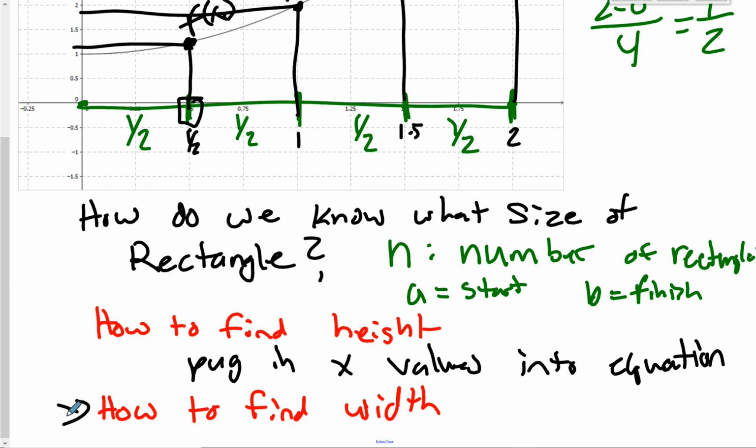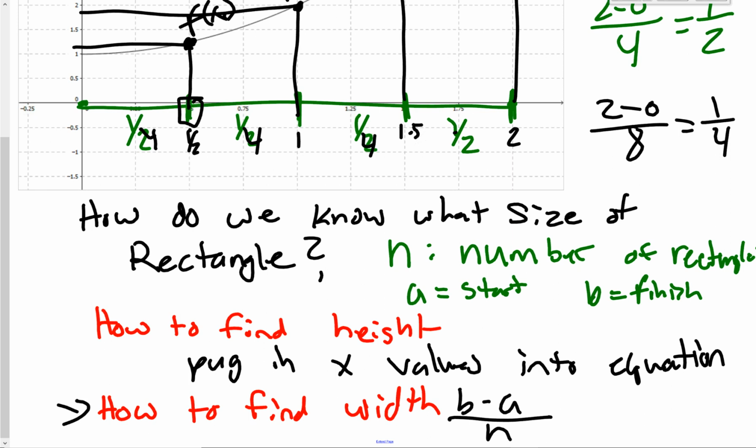We already talked about how we find the width, and that's b minus a, where you finish minus where you start, over how many rectangles you want, right? So this will change. If I want 8 rectangles, they are going to have to be 1/4 in length, so 1/4, 1/4, 1/4, 1/4.